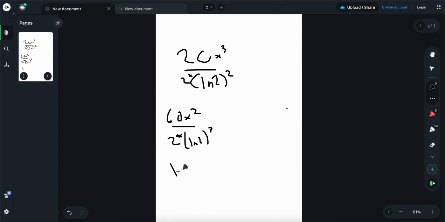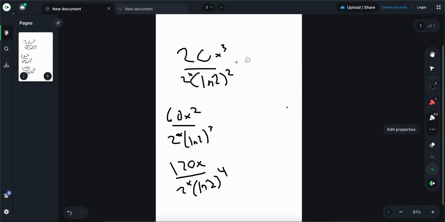Then our next one is going to be 120. We're going to speed it up a little bit. This results in the same infinity over infinity. 120x over 2 to the x times natural log of 2 now to the 4th power. And this still results once again in infinity over infinity.